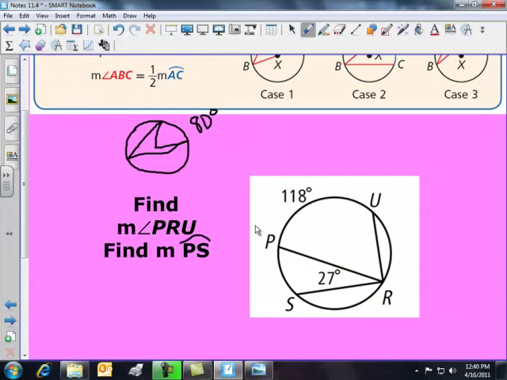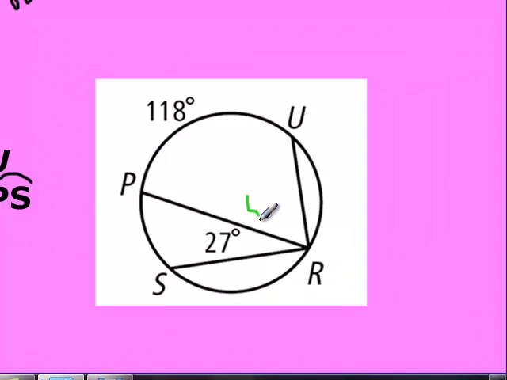So if we notice down here, to find the measure of angle PRU, which is here, that would be half of the measure of arc PU. So this angle would be 59 degrees.